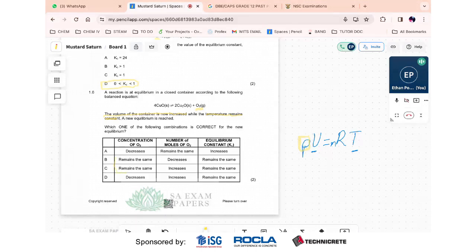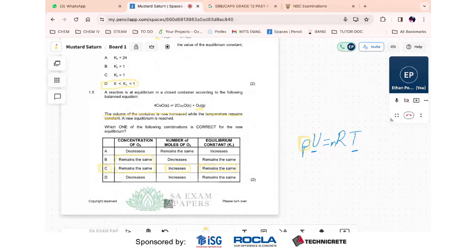So we know that concentration of O2 stays the same. But of course, we're releasing more oxygen. So although the concentration is the same, there's definitely more moles. So the moles increase. And by process of elimination, we can see that the only answer that fits is this one, and that's C.